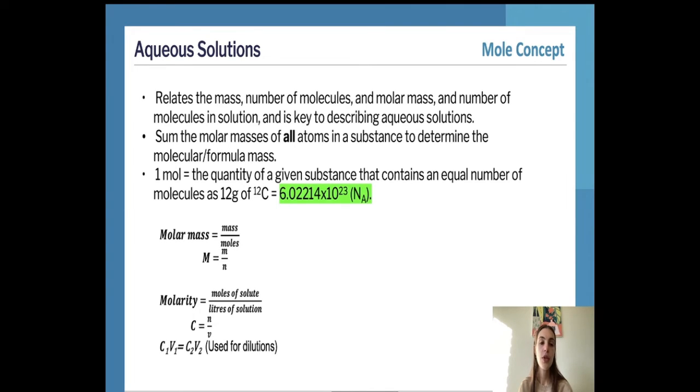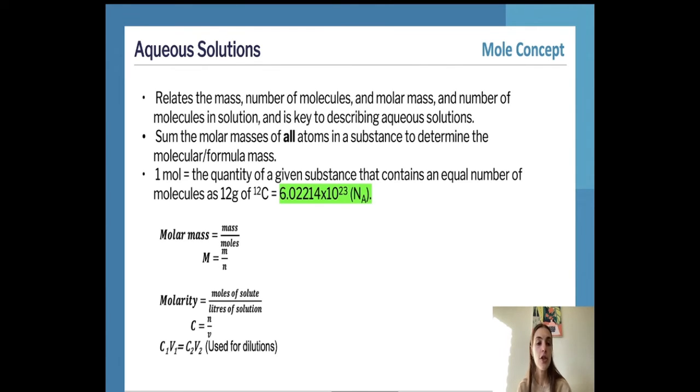And so we can also figure out molarity when we're doing aqueous solutions, where we use molarity equals moles of solute divided by liters of solution. And so that's represented as C equals n over V. And so this is used to determine the concentration of a particular substance.